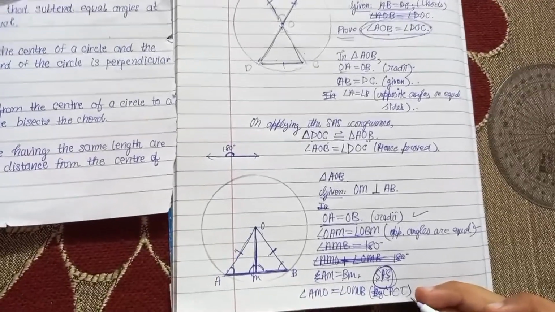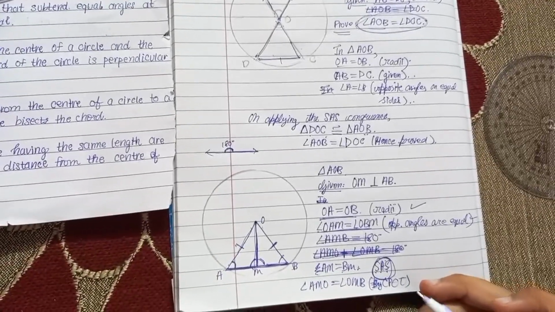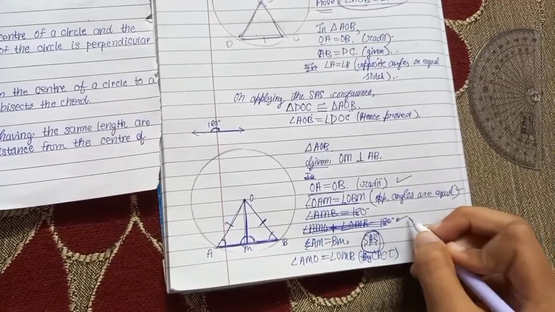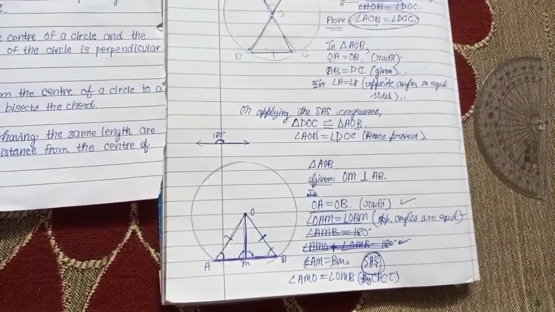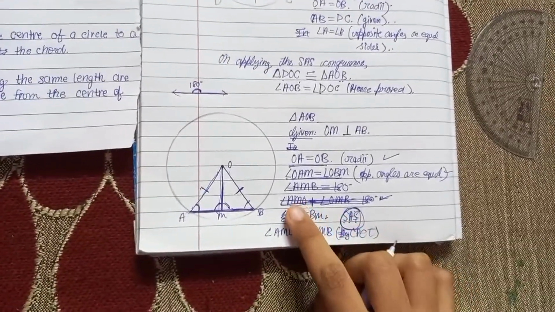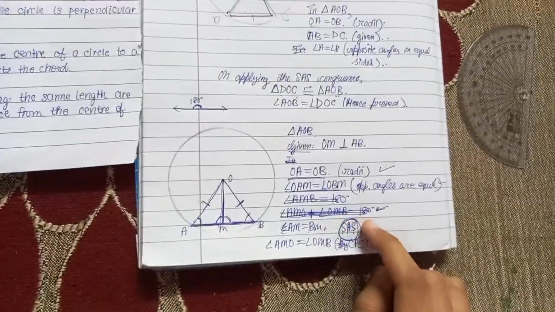This is just like a reward we get after proving the congruence. But now this line comes. Angle AMO plus angle OMB is equal to 180 degrees.